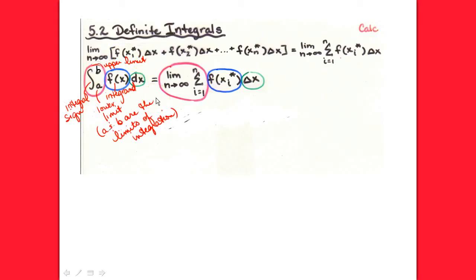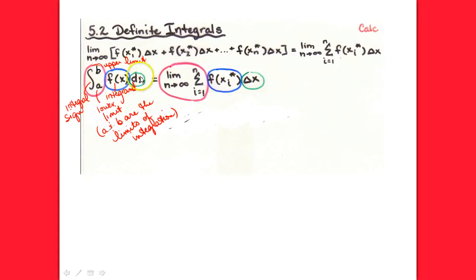So that's kind of the equivalence of what we had over here. This told me where to start and stop and to do a sum. So that's the same thing as my integral sign. This gave me the function that I was using, so that's the same as my integrand. And then we had our change in x on the end here, which is going to be very similar to a differential dx later on.